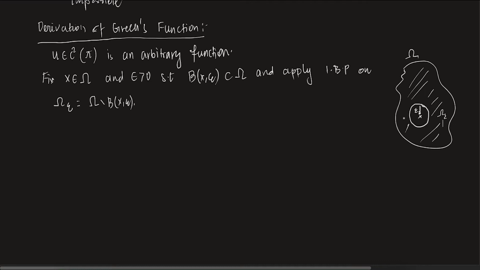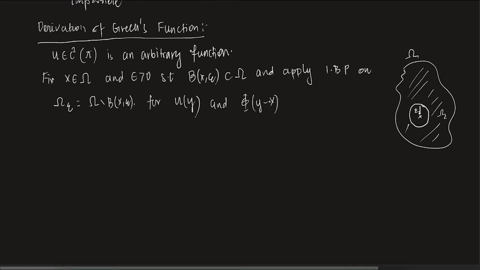What I am going to do here is use integration by parts in this domain, for which functions? u of y. u is a function of y. This x is fixed, I am fixing an x in omega. And I am using integration by parts on this u, which is a function of y, and the fundamental solution, if you remember, phi of y minus x.